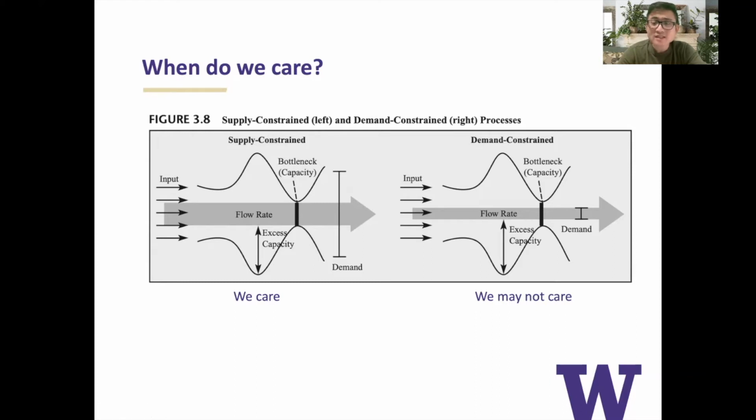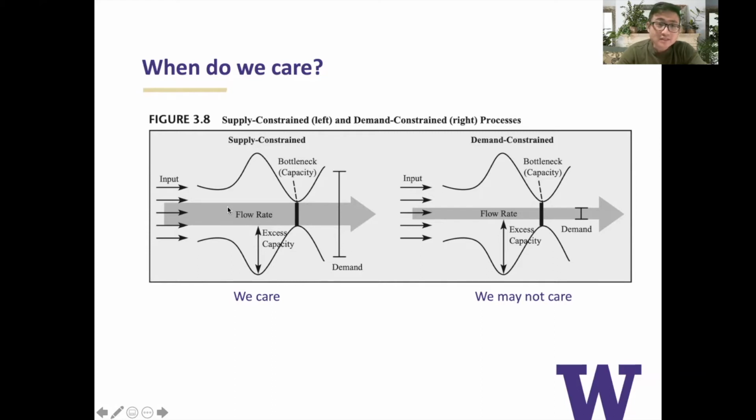So recall that in the process, we have multiple stages, or we should say we have multiple resources or activities. And from this graph, we can see that some resources have higher capacity while some resources have lower capacity. And clearly, the process capacity is determined by the resource that has the lowest capacity, which is the bottleneck. Okay, so the capacity of the bottleneck is the process capacity.